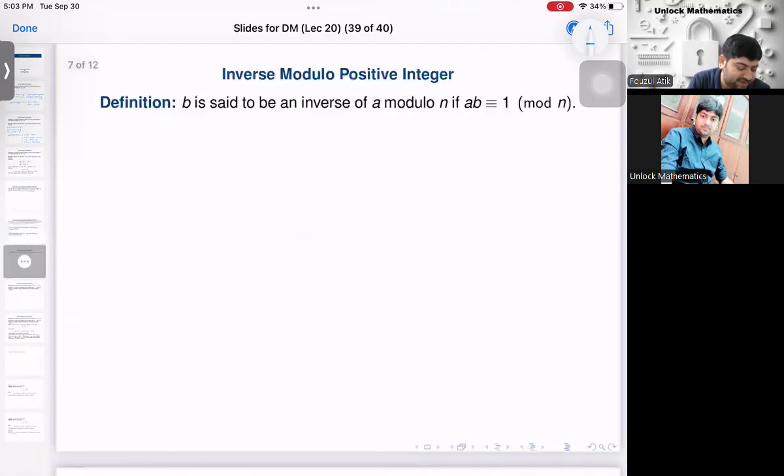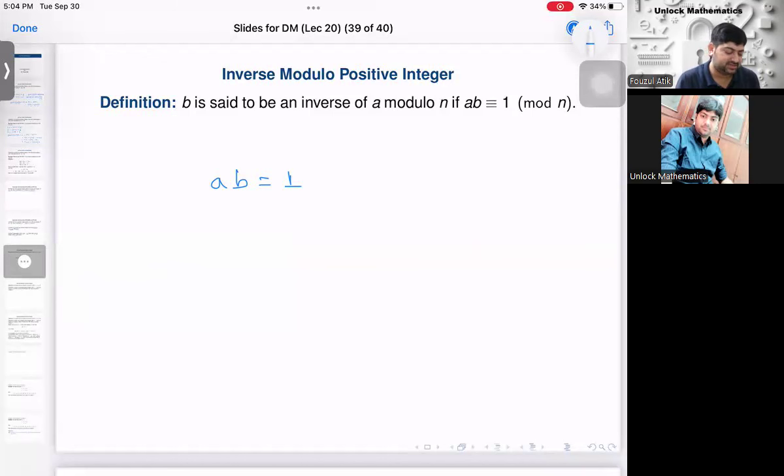Now we'll discuss what is an inverse modulo a positive integer. We all know what we mean by multiplicative inverse. The multiplicative inverse of a is what? If it is b, then ab should be 1. Then you say that b is the multiplicative inverse of a, or a is the multiplicative inverse of b. The inverse modulo is a similar thing, but under modulo.